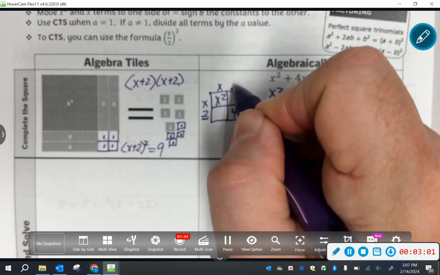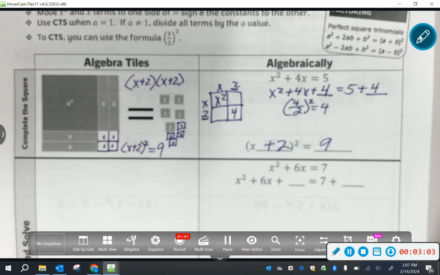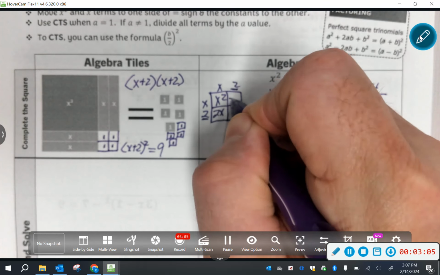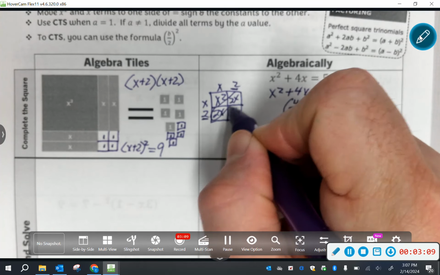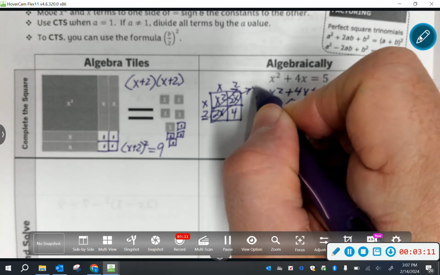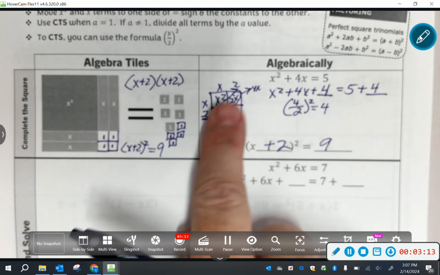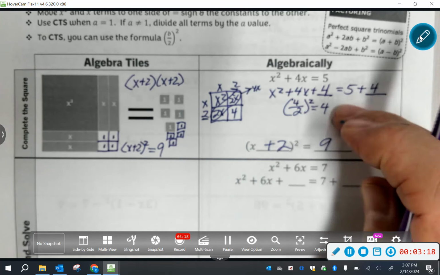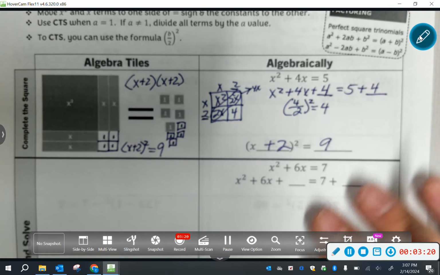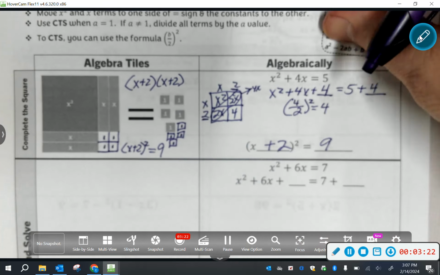That'll be 2, 2 times 2 is 4, and then 2x plus 2x gives me 4x. So that's a quick way to get the factors when a is 1. Alright, now let's go down here to the next one.